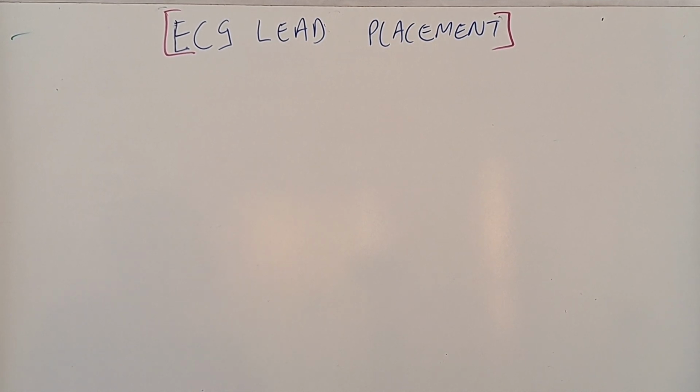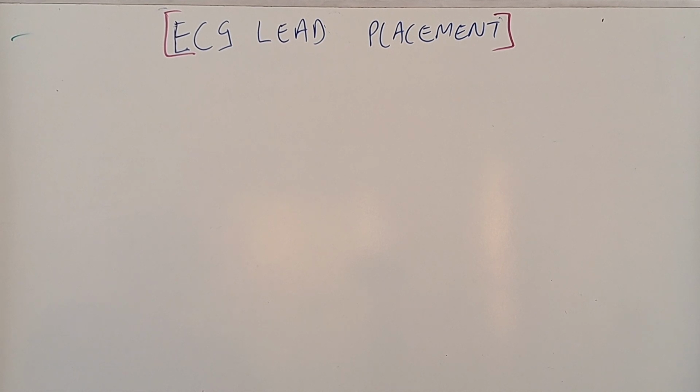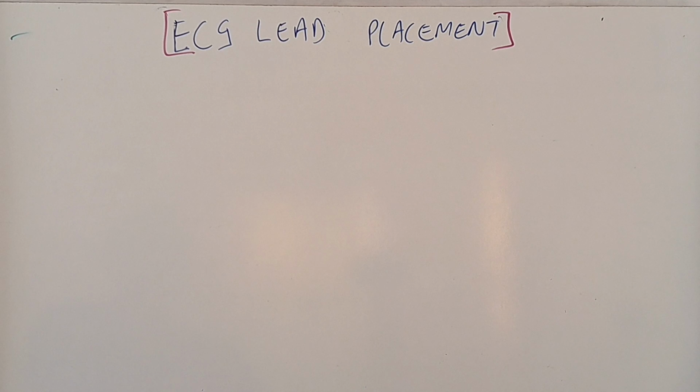For us to understand that, we need to understand the concept of Einthoven's triangle. We also need to understand which ones are limb leads and which ones are chest leads, or precordial leads. So let's get started.